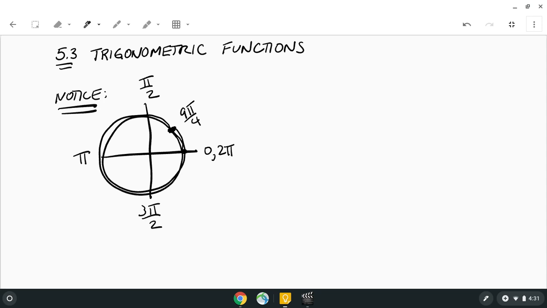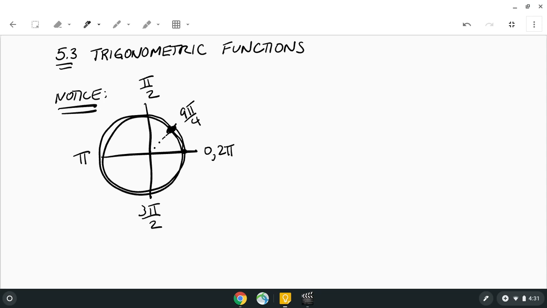Okay, so if I keep going full circles, but I keep landing over here where the reference angle is pi over 4, we keep getting the same value, right? Sine of whatever that reference angle is still going to be square root 2 over 2.